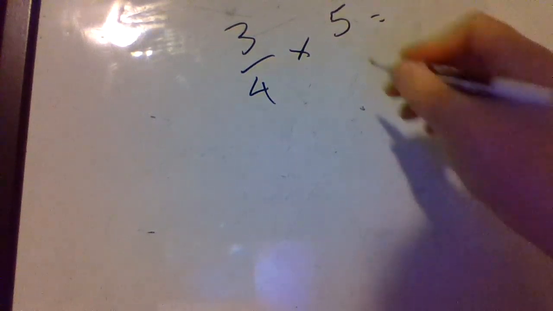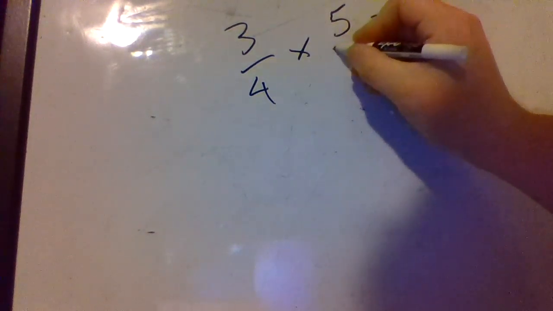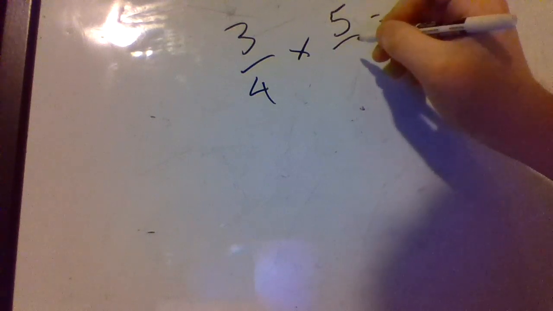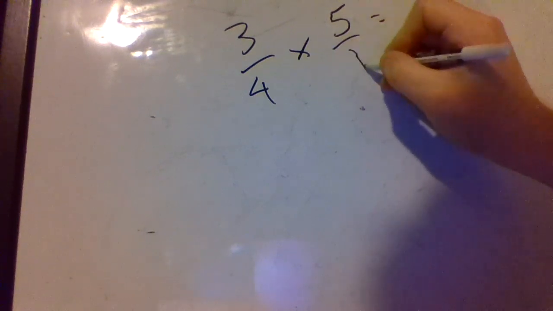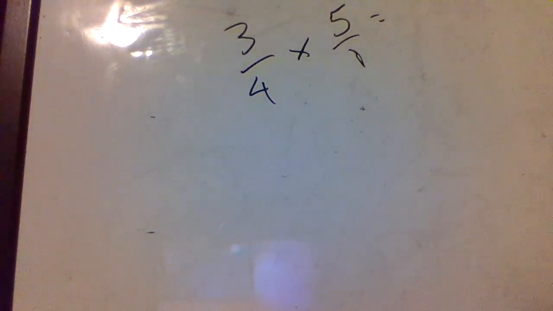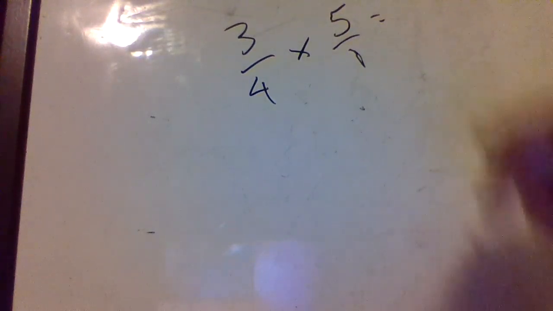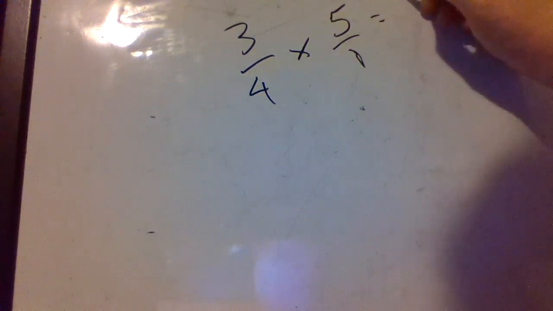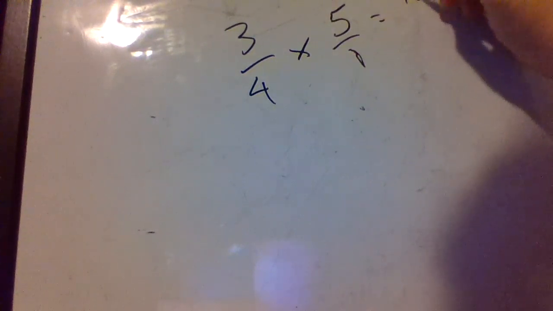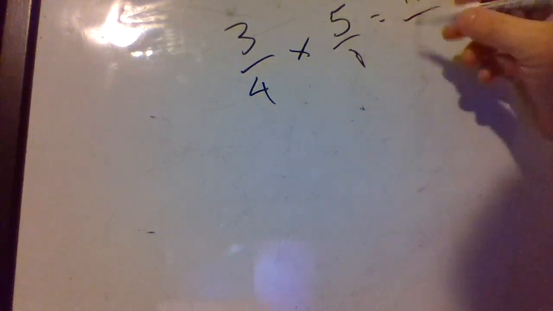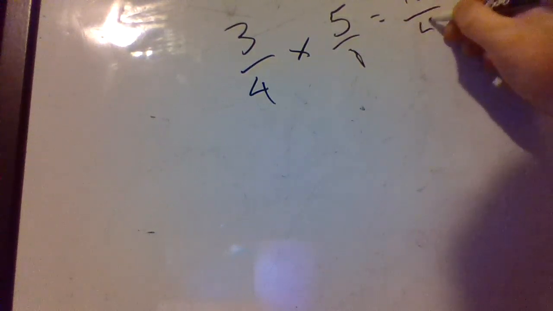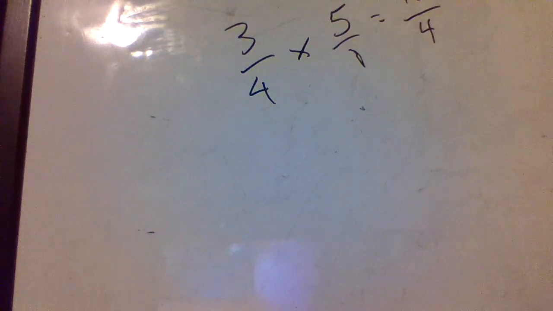Because all whole numbers, if you don't see a number under this 5 or this whole number, the number is 1. Now it looks very familiar to you. So we've got 3 times 5 is 15. And 4 times 1 is 4. And as you can see, this is an improper fraction. So, of course, we can change this, but we're not going to today. That'll be for a different lesson.